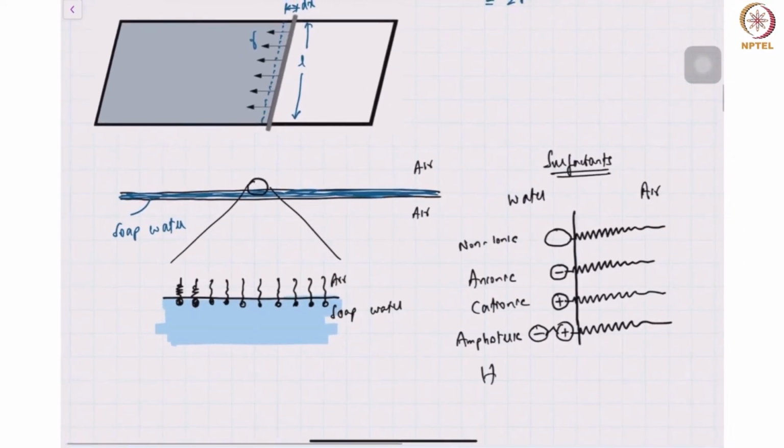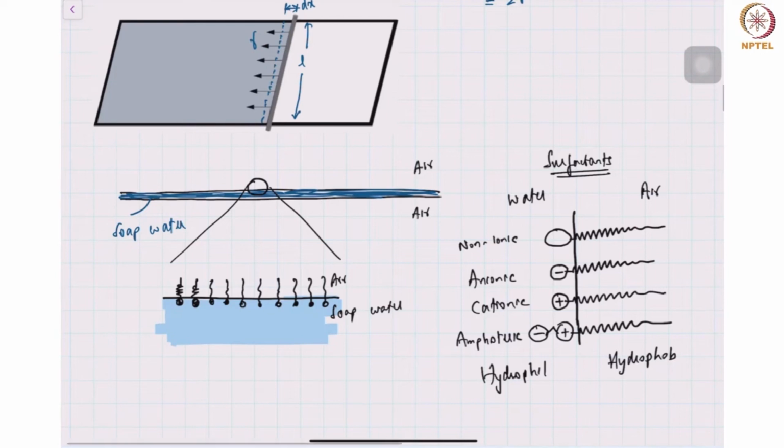So this part is hydrophilic, and this is hydrophobic. These molecules are essentially crucial to stabilize this thin film. Otherwise, the soap film would just rupture very, very easily.